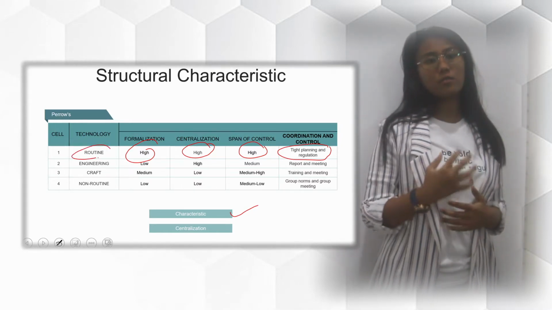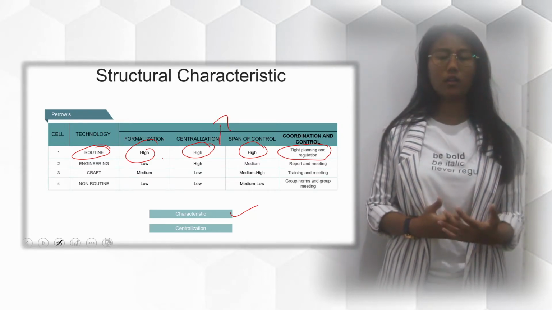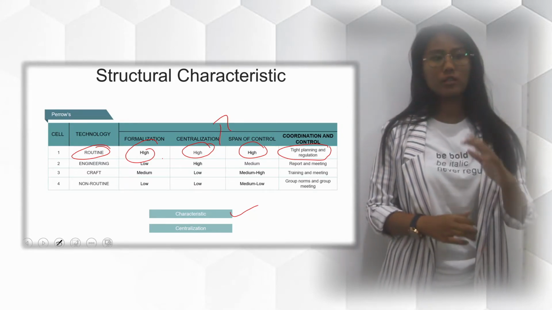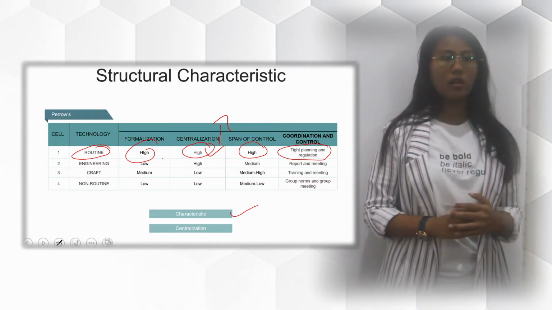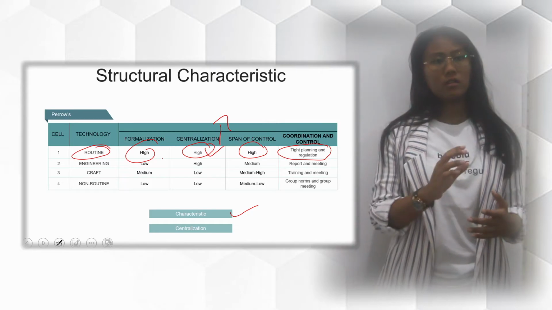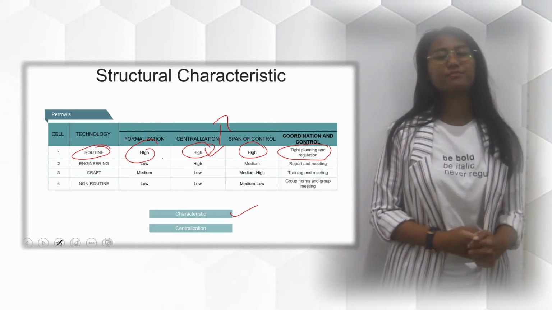If the task is more routine, it means the centralization is higher in that technology. As you can see in the first row of the table, the technology is routine, and the centralization is also high.